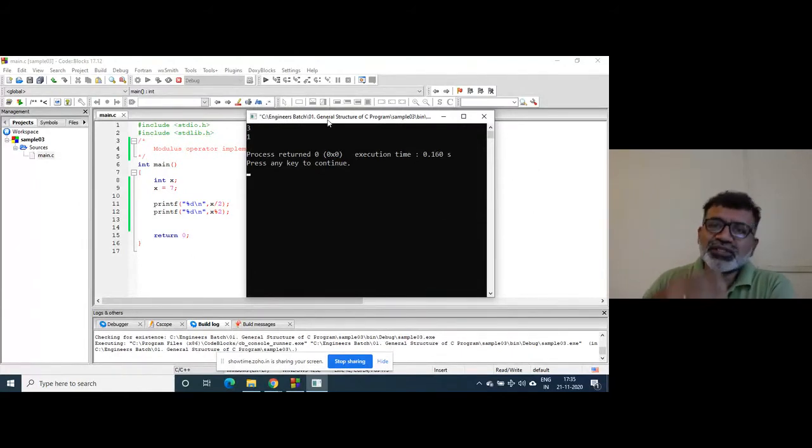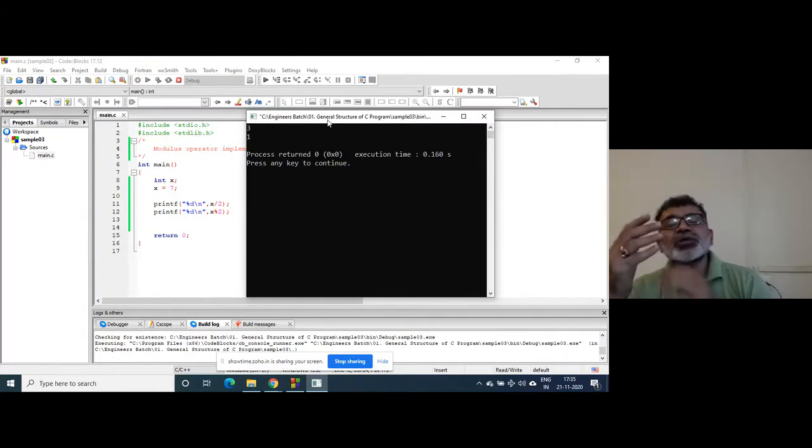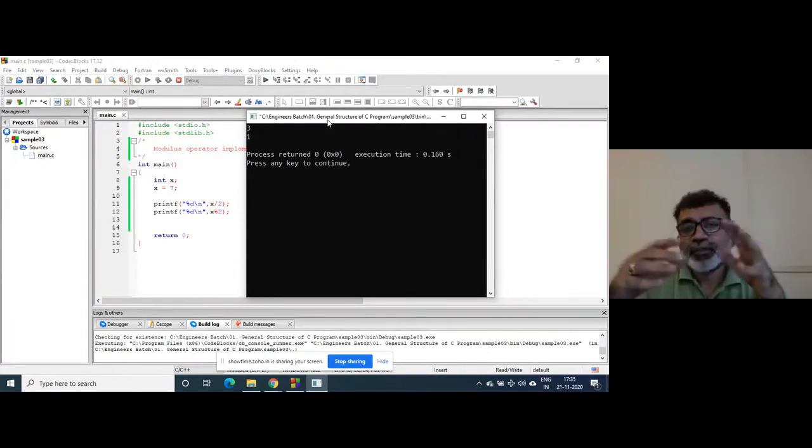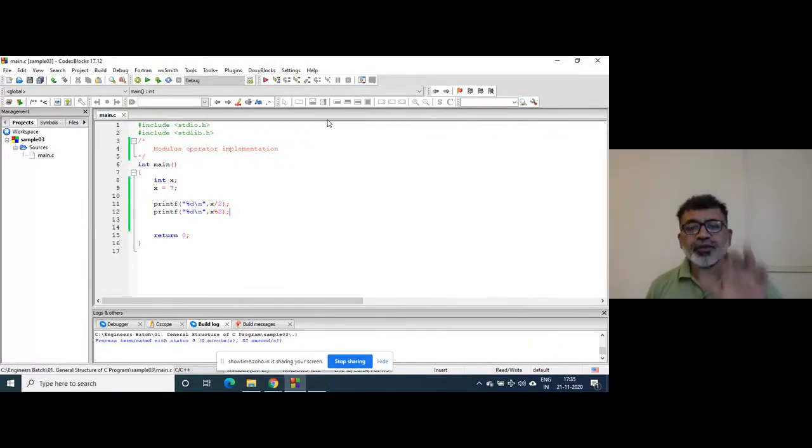So 2 3s are 6, 7 minus 6, the remainder is 1. Many times you need the remainder, many times you need to divide and get the quotient. So you will have to design your program on the basis of the requirement of the problem.